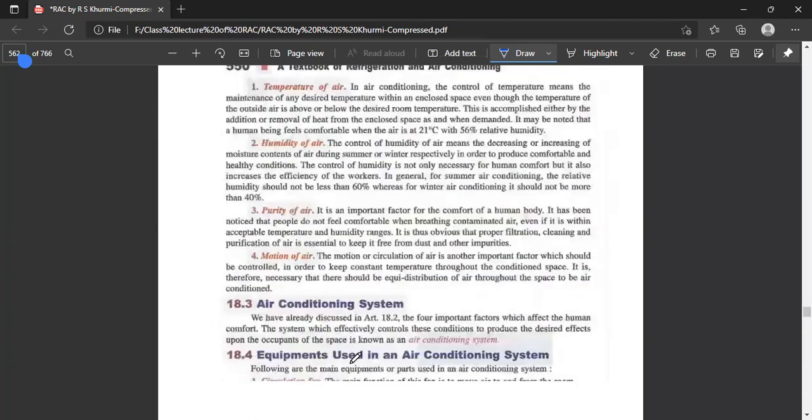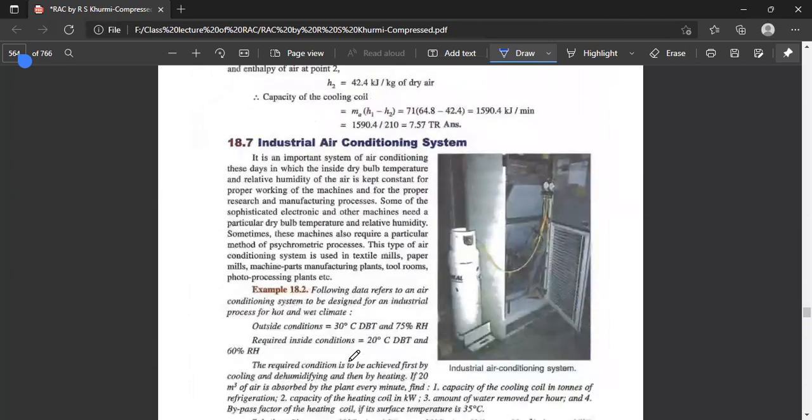Next, let us go through the discussion about the cooling load calculations.